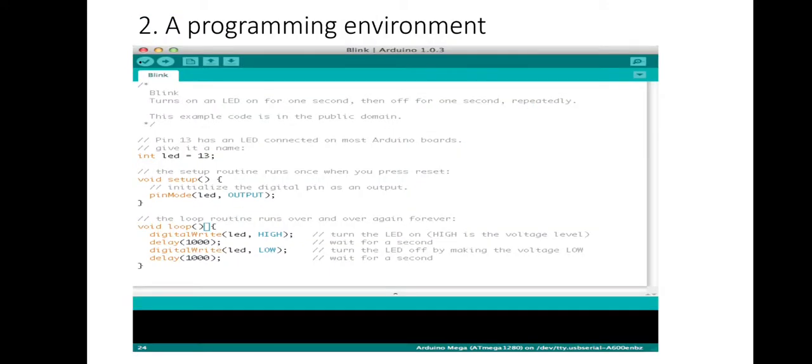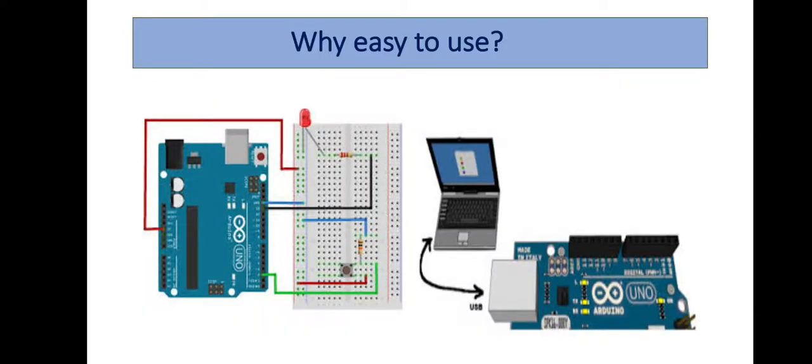And the other part is the programming environment. It is also called Arduino IDE. So here you will write the code and can upload it to your hardware part. So why is it easy to use? As I have explained earlier, with the help of the hardware part you can connect multiple components to it. As you can see on the screen, components like LED, resistor, switch are connected to the hardware part.